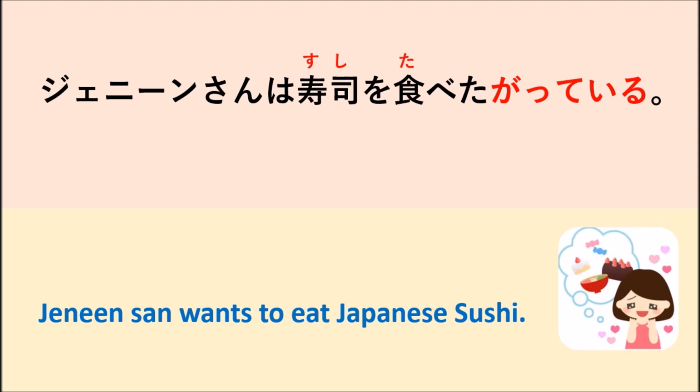This means we talk about Jenny-san only. We talk about Jenny's feeling only. So we use gatteru. It does not include another person's feeling. So we say Jenny-san wa sushi o tabetagatteru.